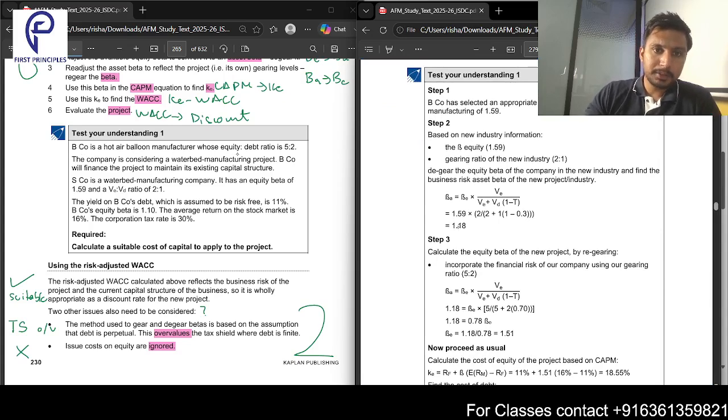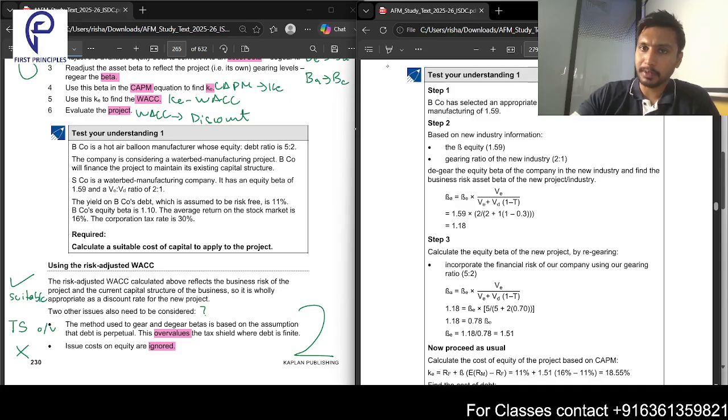A hot air balloon manufacturer whose debt equity ratio is 5:2. This is the debt equity ratio. The company is considering a waterbed manufacturing project, to be financed to maintain its existing capital structure. ESCO is a waterbed company. It has an equity beta of 1.59.